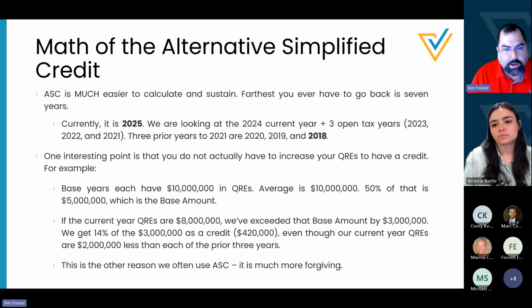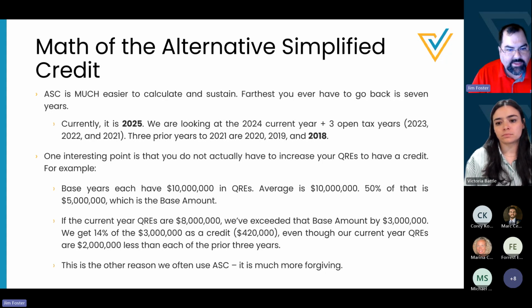Now, underneath the regular credit, if you don't keep increasing your research, it becomes very problematic very quickly because you're not going to exceed that base amount and you'll have a zero credit. With the ASC method, it's very possible to exceed that base without increasing your research. So if we had 10 million in QREs in each of the base years, the average is 10 million, multiply by 50%, we have a 5 million base.